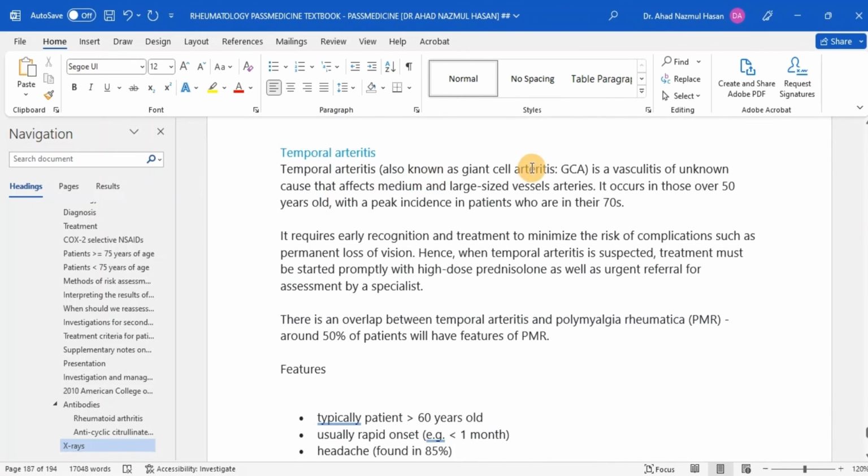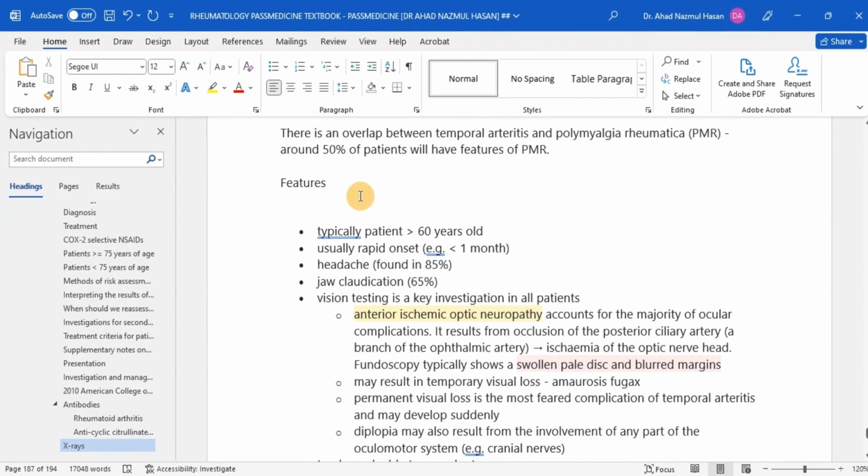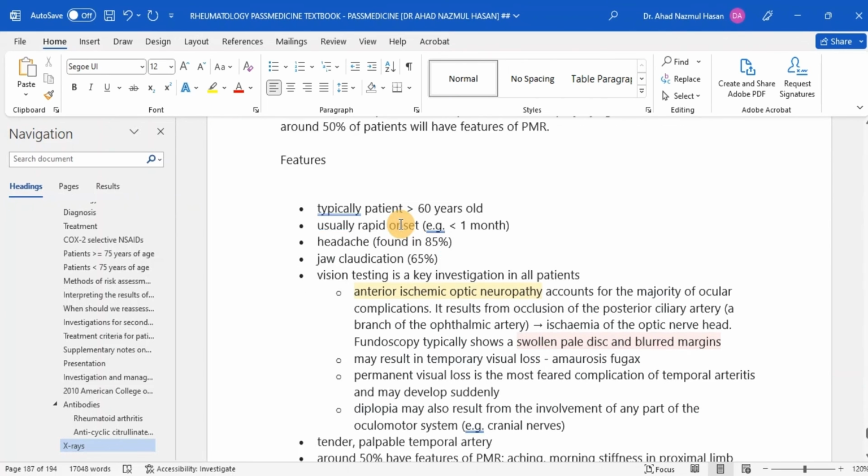Temporal arteritis, or giant cell arteritis, features. What is the treatment for temporal arteritis? Prednisolone 60 mg.